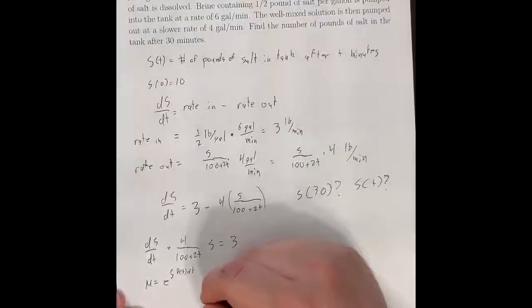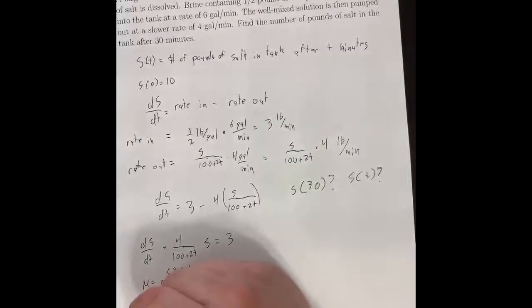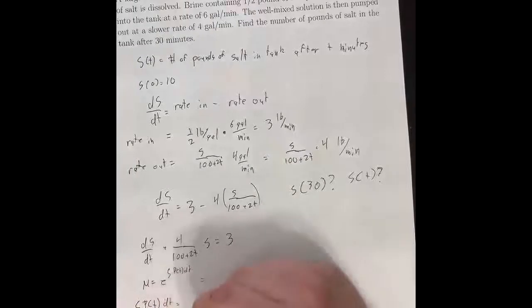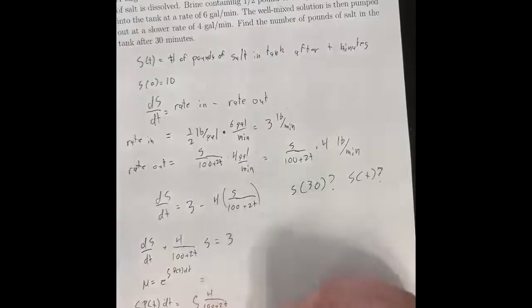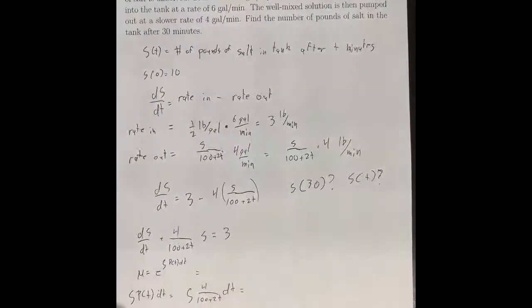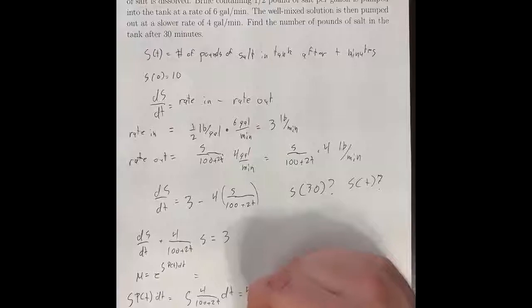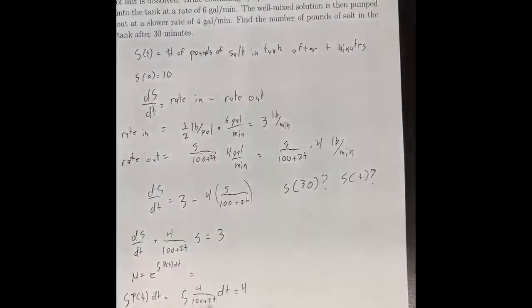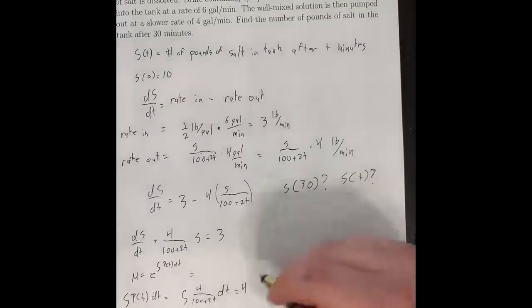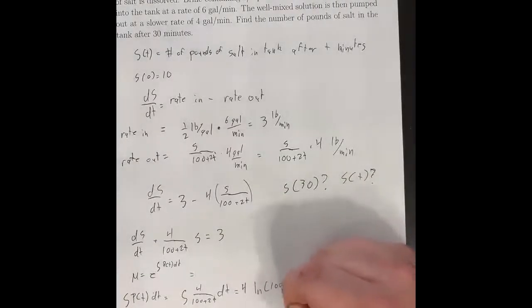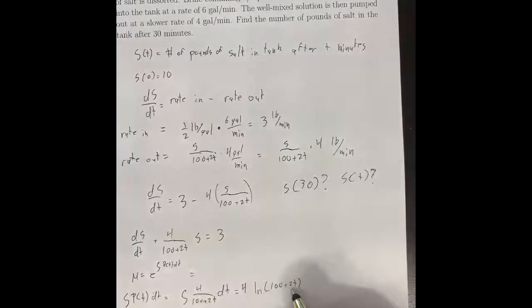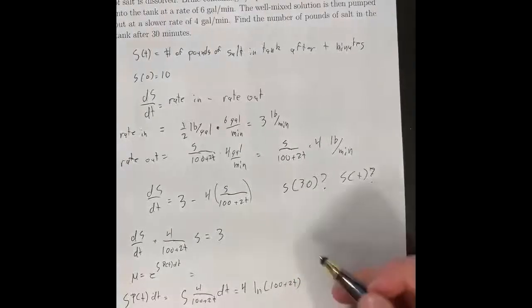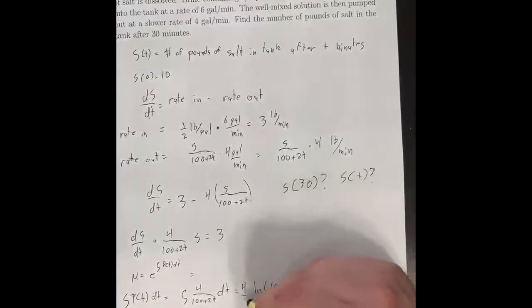So the antiderivative of p with respect to t is the antiderivative of 4 over 100 plus 2t. We can pull the 4 out front. That's 1 over 100 plus 2t. If we were to do a substitution, we would get a natural log. So it'd be the natural log of 100 plus 2t. And then there's a 2 in here, so we need to divide by a 2 out front.